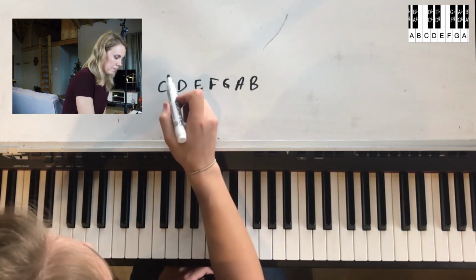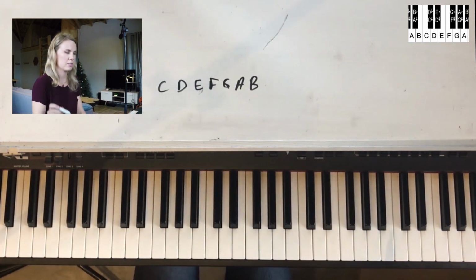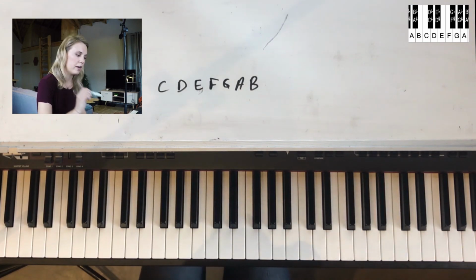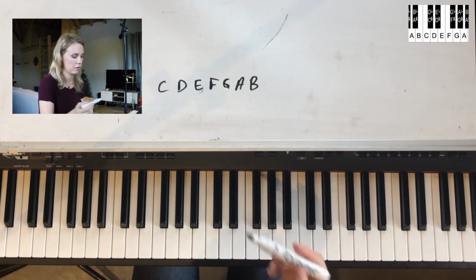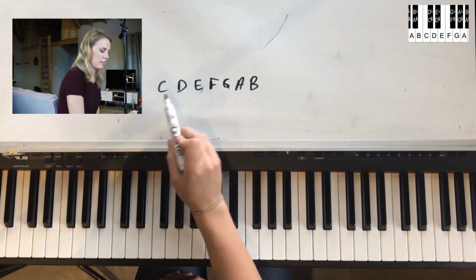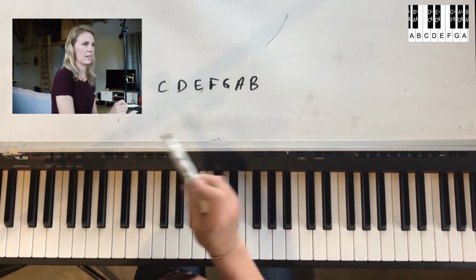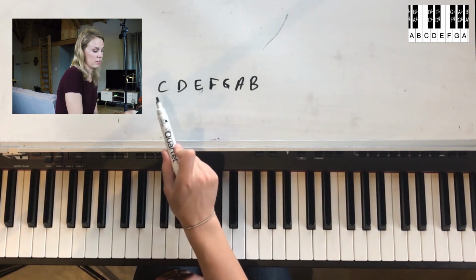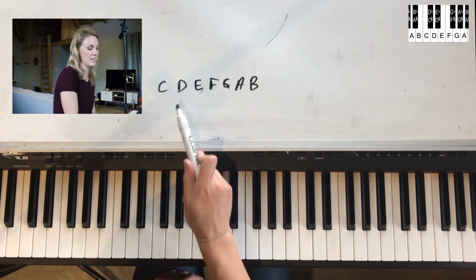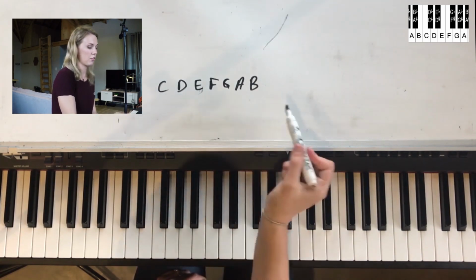Okay, now what the Nashville number system does is it makes every note the root of a chord and identifies that chord. So every note has a number. So C is the first scale degree, we say. D is the second scale degree. E is the third scale degree.